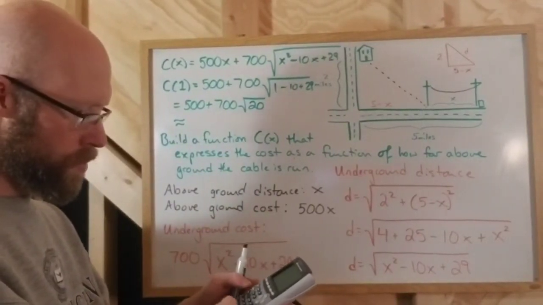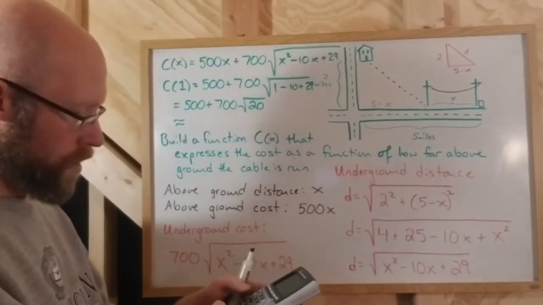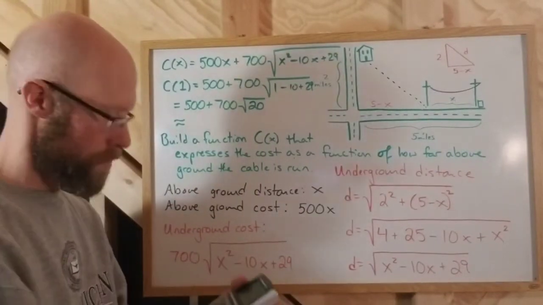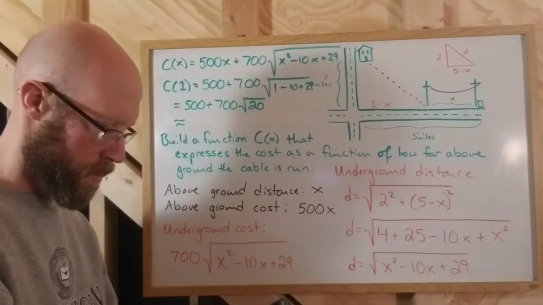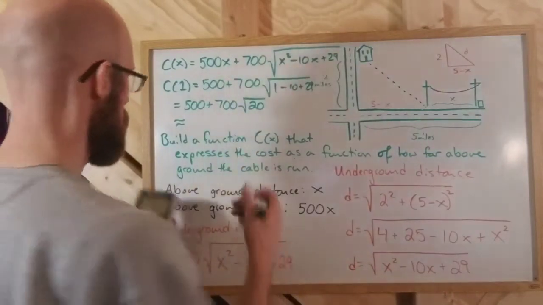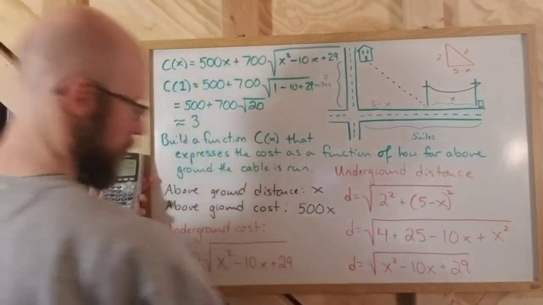700, oops, what happened there? 700 square root of 2, and, oh, sorry, nope, square root of 20. What am I doing? There we go. That gives me a value of about 3,000. Oops, I should put a $ sign in there.